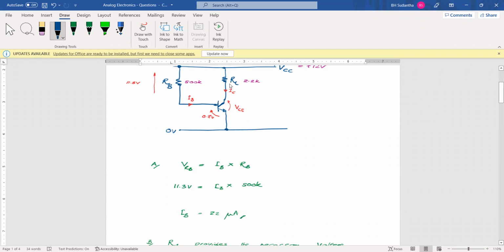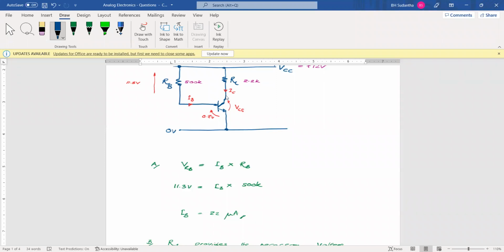Why? For the collector, we have put a 2.2K resistor. Compared to 500K, it's very, very low. Then at the collector terminal, we have a higher voltage than at the base terminal. Then we are maintaining the forward bias emitter-base junction and reverse bias base collector junction rule.